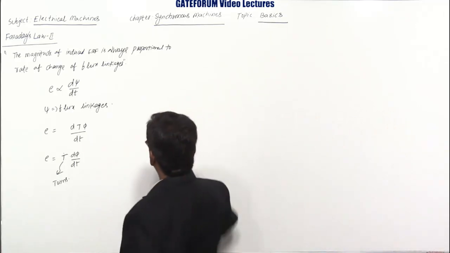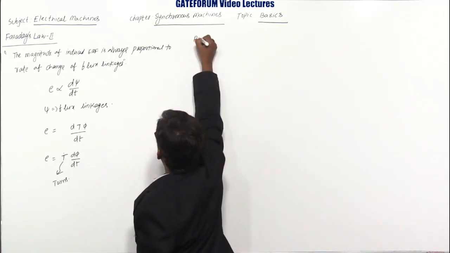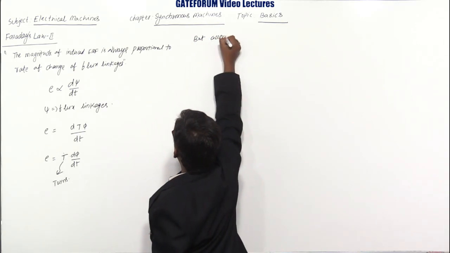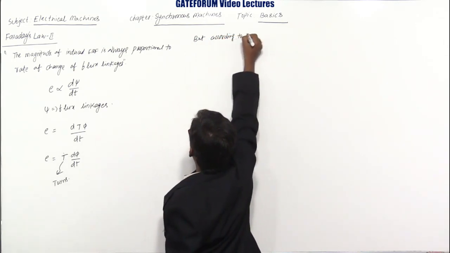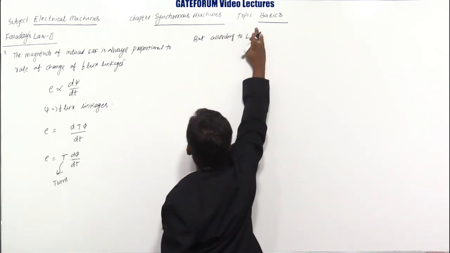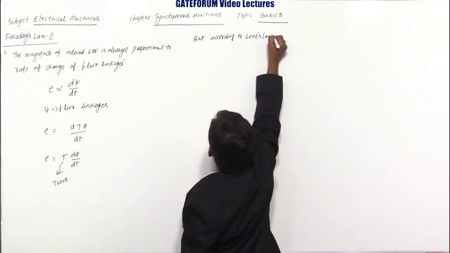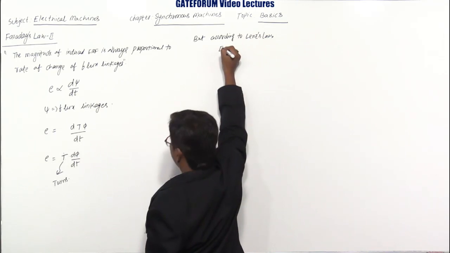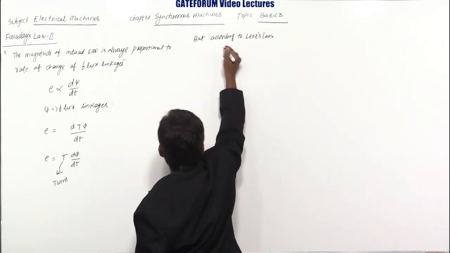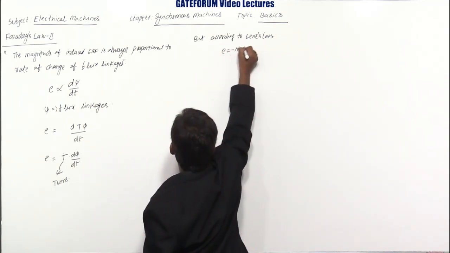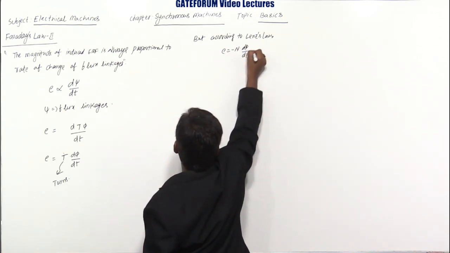But according to Lenz's law, E can be represented as minus N into d phi by dt.